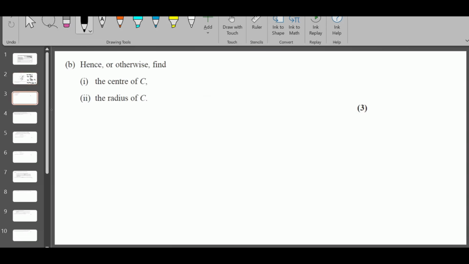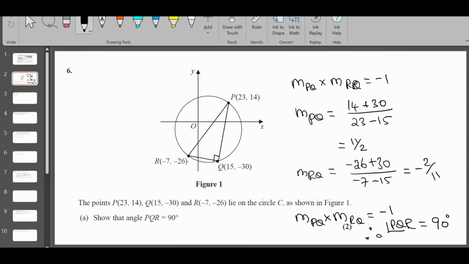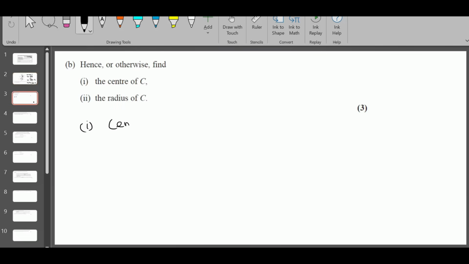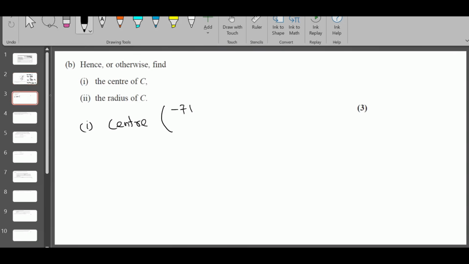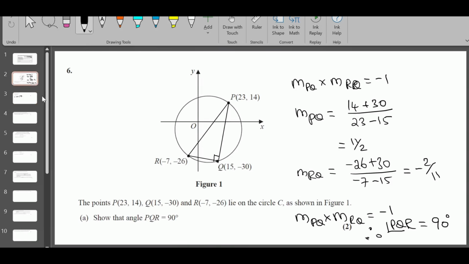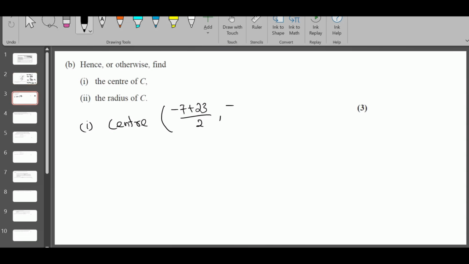Let's move on to part B. Hence or otherwise, find the center of C. The center is basically the midpoint of RP. So the midpoint of RP is (x1 plus x2) by 2, that is minus 7 plus 23 over 2, and (y1 plus y2) over 2, that is minus 26 plus 14 over 2.